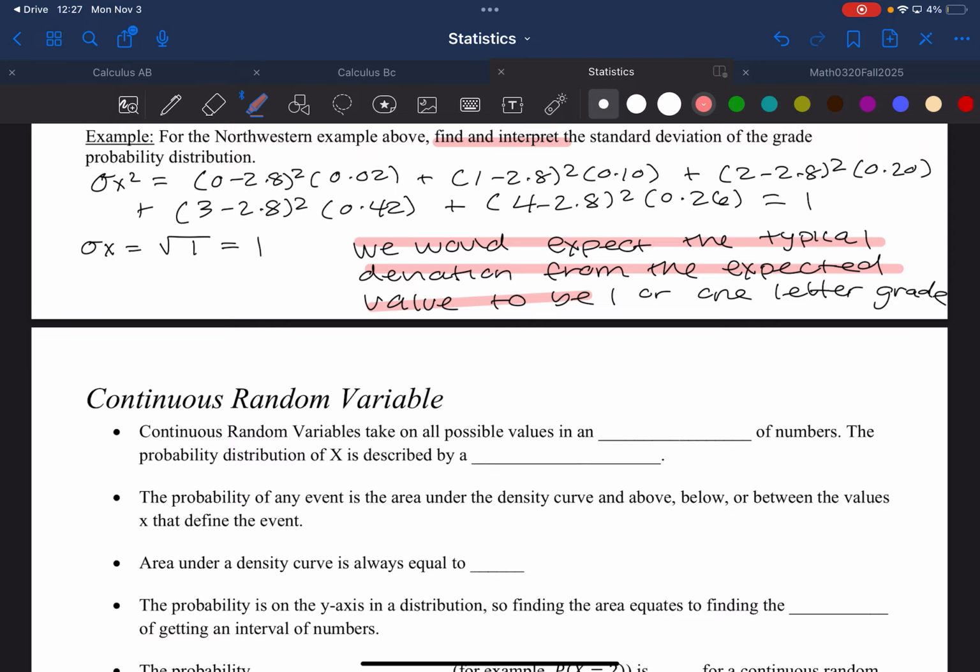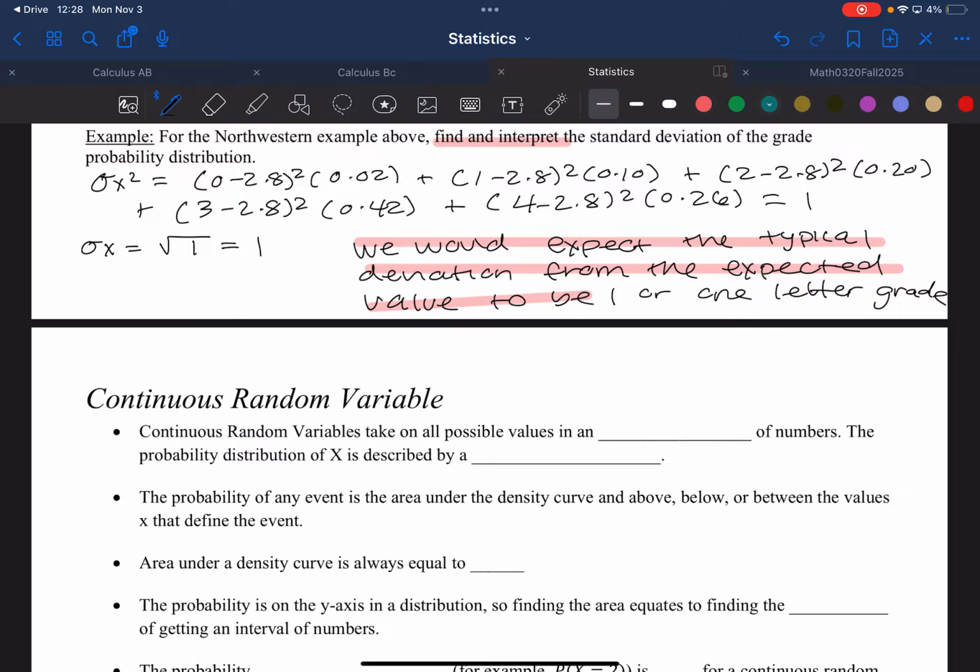And then the very last thing we're going to talk about in these notes is continuous random variables. This is where, if you are taking calculus or have already taken calculus, statistics starts to tie into it. That doesn't mean we're going to do calculus in this course. It just means if you're taking calculus, you're going to start seeing some comparison to the concepts.